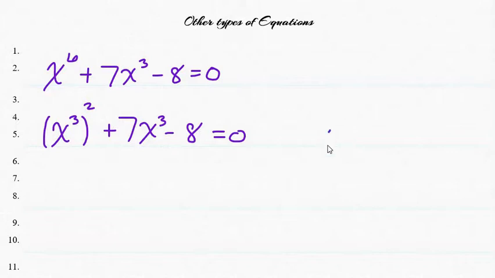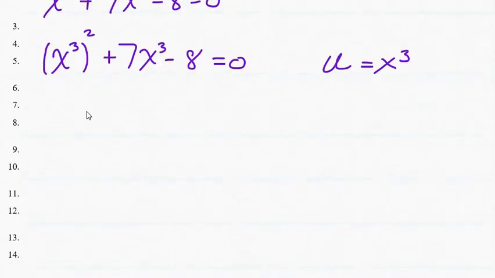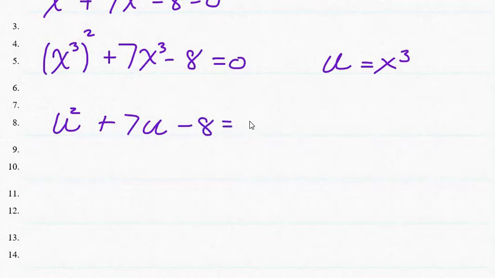Let's let u equal x cubed. So now we substitute in, and we have u squared plus 7u minus 8 equals 0. Now we should be able to factor this pretty easily.